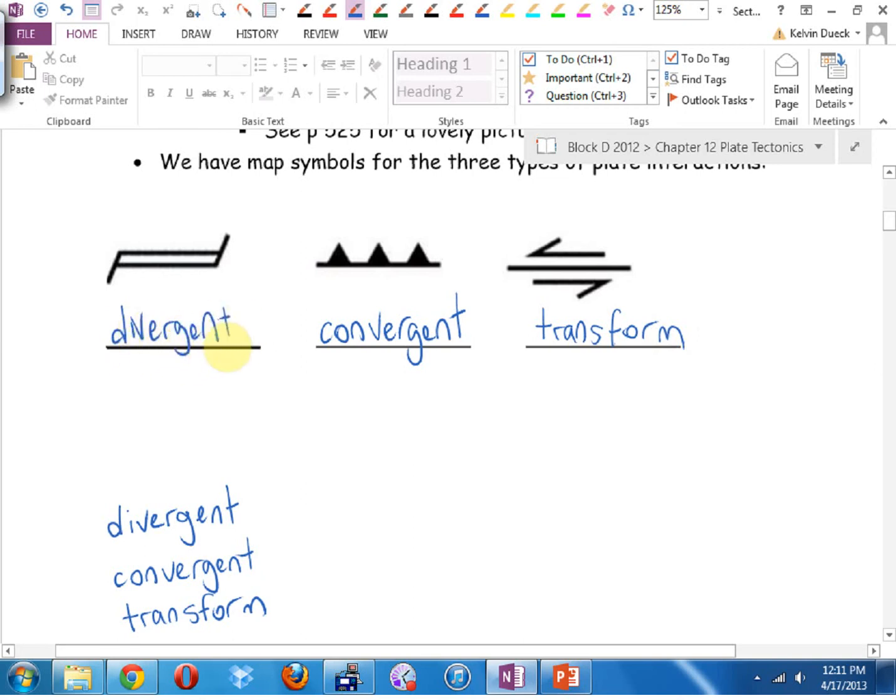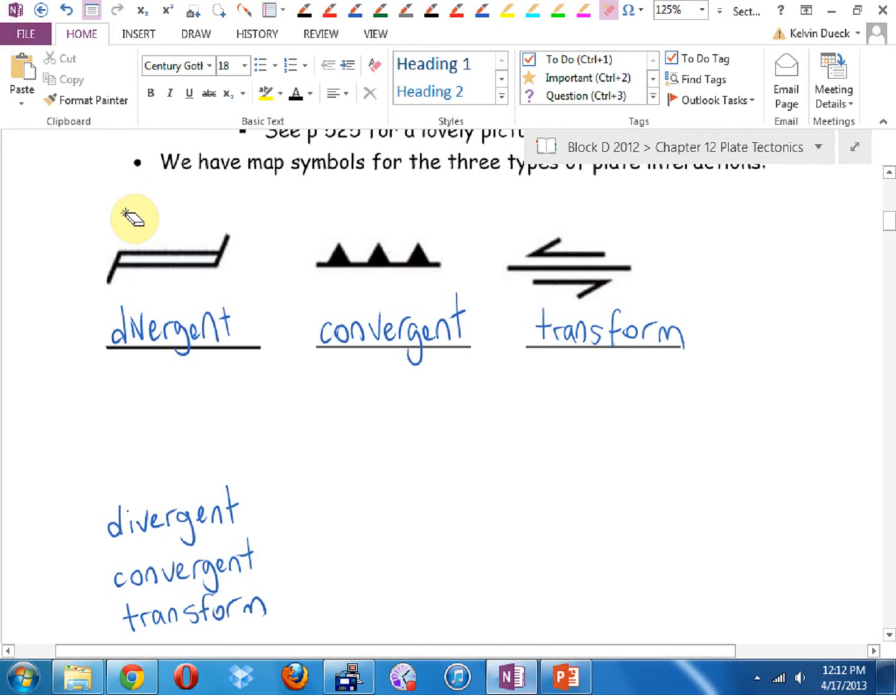Now, I don't like that first one because divergent plates are plates that are moving apart from each other. I would have thought a perfectly good symbol would have been something like that. I think that would have been crystal clear, but I hopefully have showed you how you can figure it out with a process of elimination. The convergent one makes sense, mountains. The transform one makes sense.